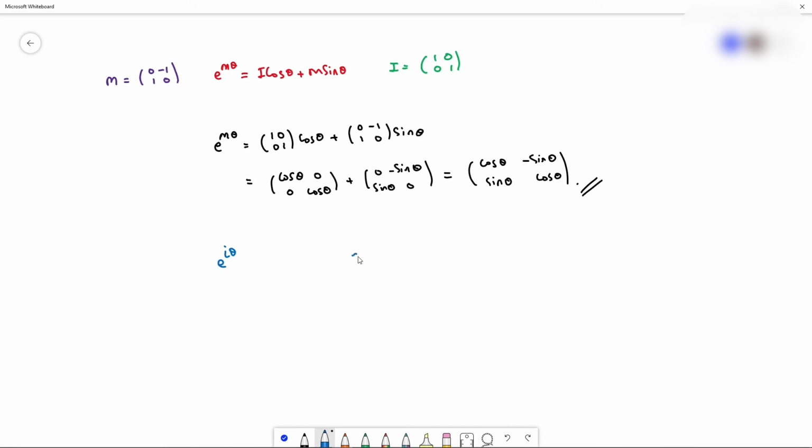If we multiply a complex number z by e to the I theta, it rotates that complex number theta radians anticlockwise about the origin. Now that begs the question, does e to the I theta equal e to the m theta? And does that mean I equals m?